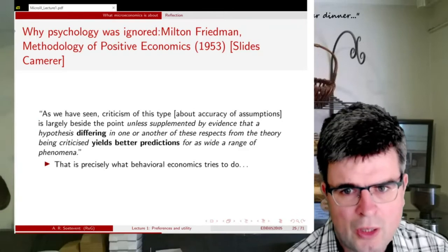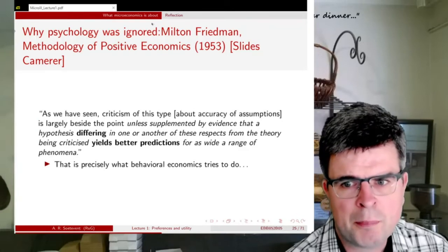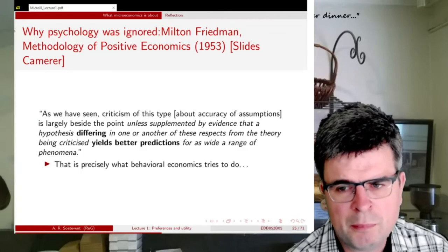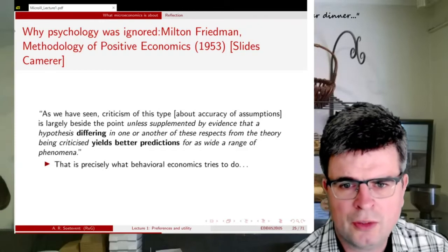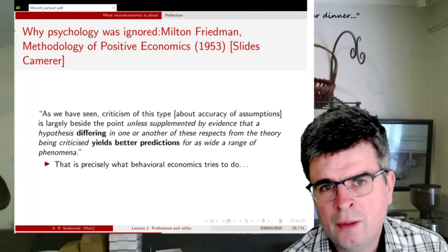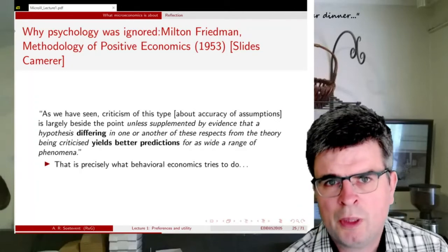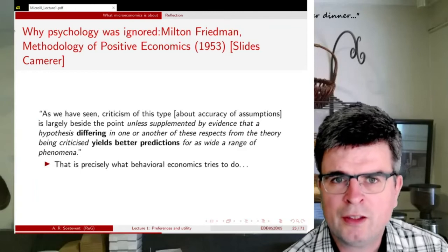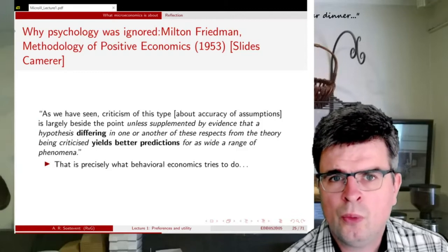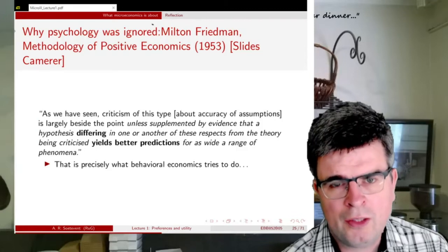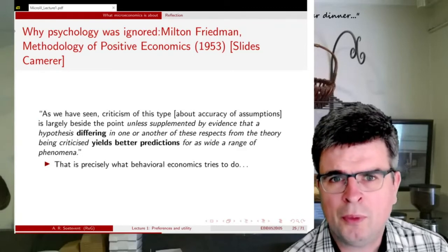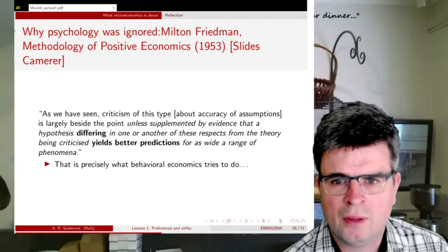And here it comes: unless supplemented by evidence that a hypothesis differing in one or another of these respects from the theory being criticized yields better predictions for as wide a range of phenomena.